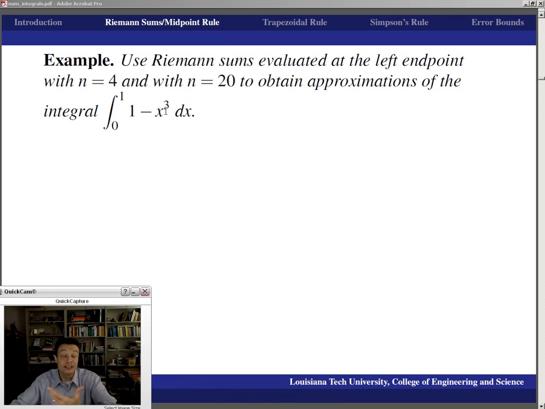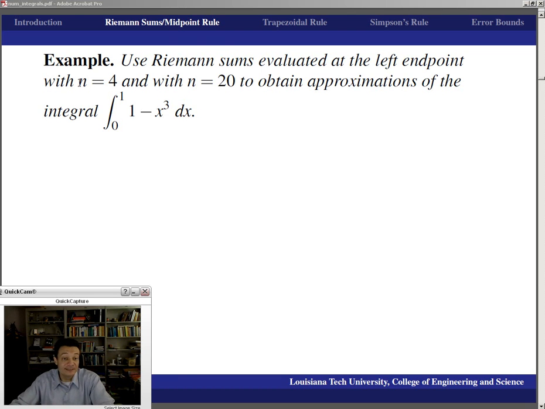We can compute that, we can get the exact answer. For the introduction of these methods, I want us to use a problem like that so we know what the exact answer is, so we can already see a little bit about what the quality of these various approximations is, so that we see that as we go to more sophisticated approximations, things get better.